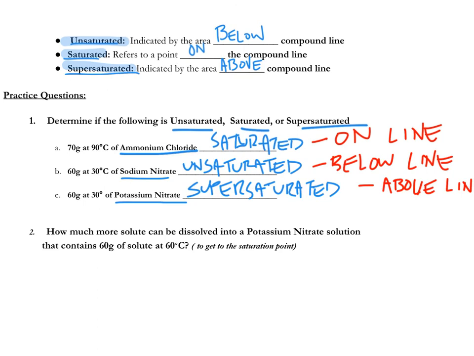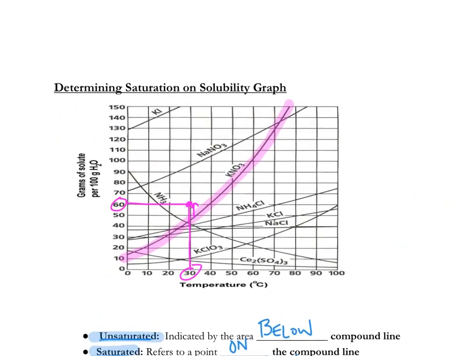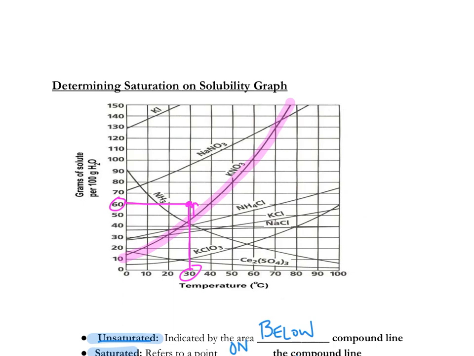All right, and the last one here: how much more solute can be dissolved into a potassium nitrate solution that contains 60 grams of solute at 60 degrees? So I want to find potassium nitrate first. I'm going to come back up here. Potassium nitrate is already highlighted for me, so let me clear some of these markings.